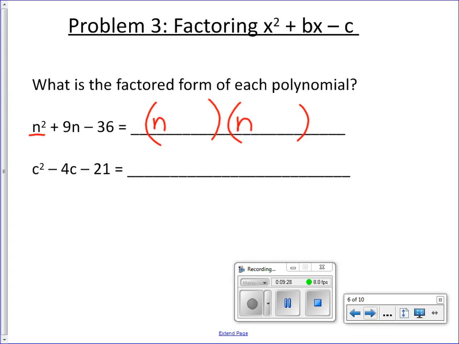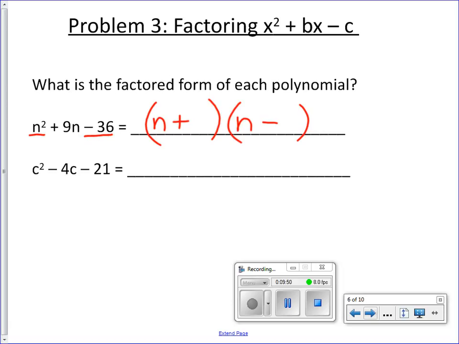Now, our last term is negative 36, and we're going to have to find two numbers that multiplied together will give us a negative 36. Well, from experience, we know that when you multiply two numbers together and you get a negative, one has to be a plus and one has to be a minus.